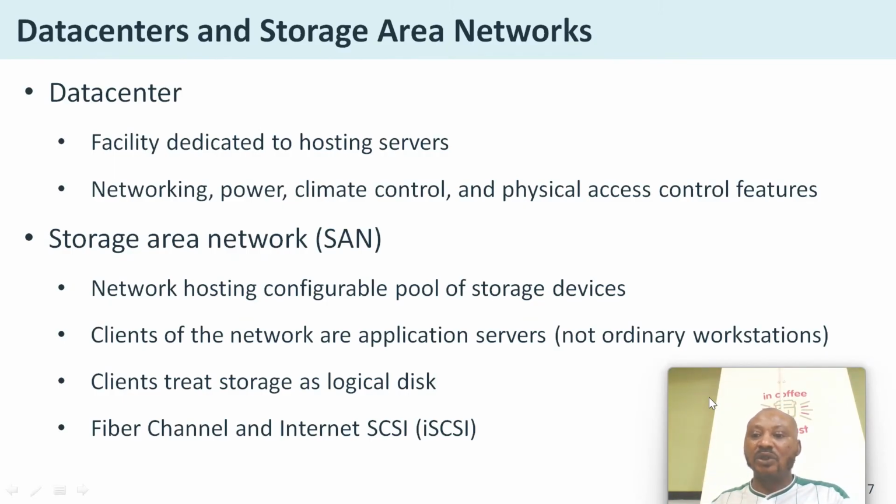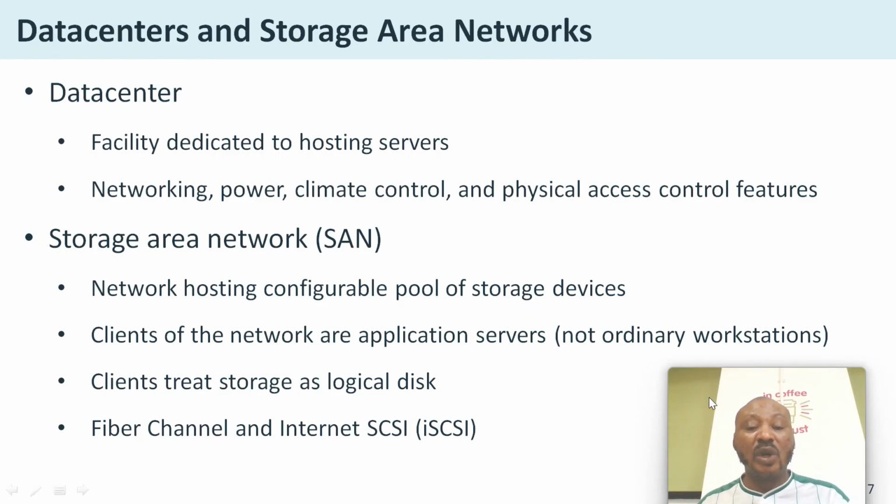So on the network, you can have a device with a pool of storage devices. That device is connected to your physical network, and on it there is just pool of storage hardware. You could have up to 8 or 10 storage devices inside that device. That device is connected to the network, and we call that a storage area network. All clients' applications connect to that storage.